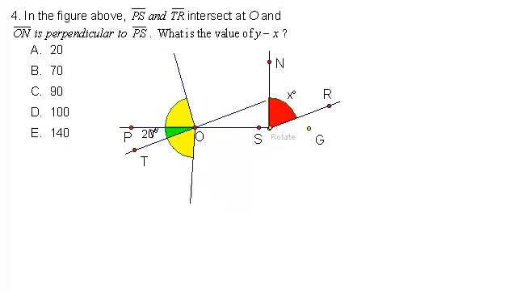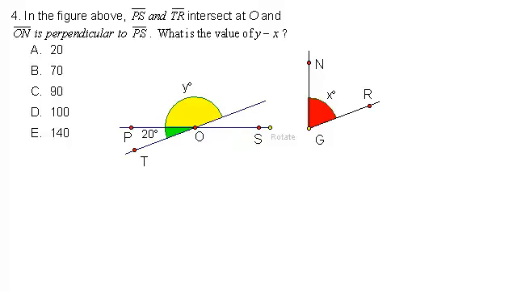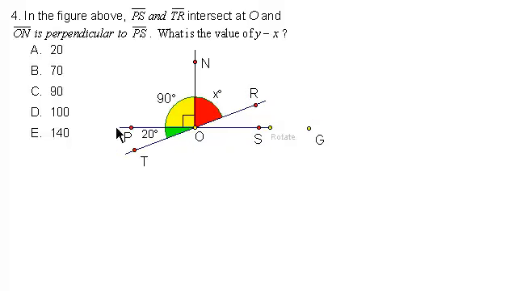I'm going to show you one more time. This is y angle. Y angle consists of two parts, which is 90 degrees and x. So I can write it here.